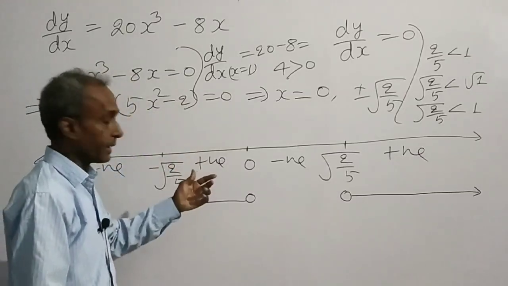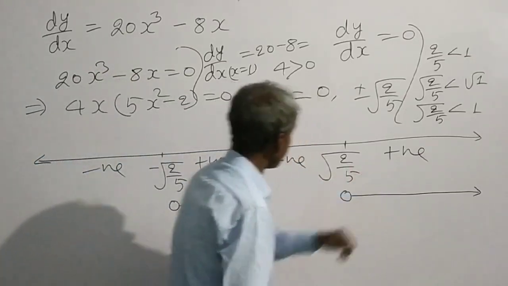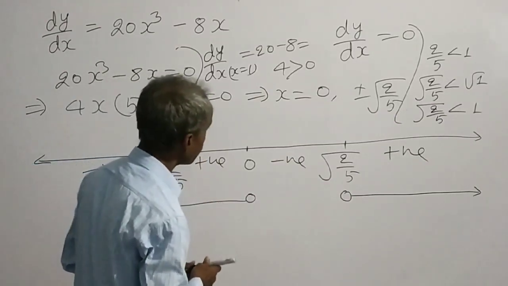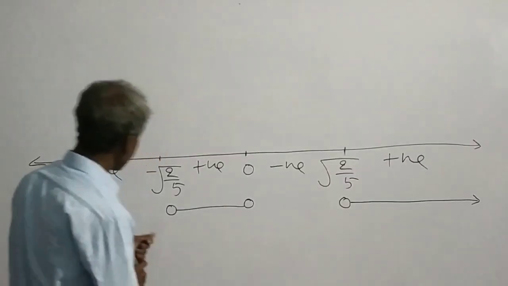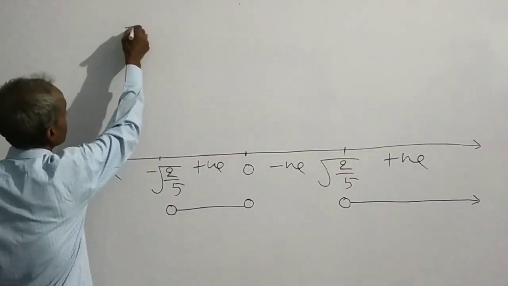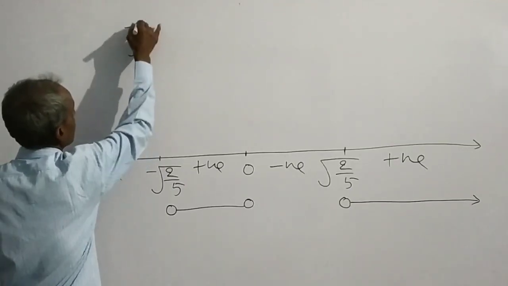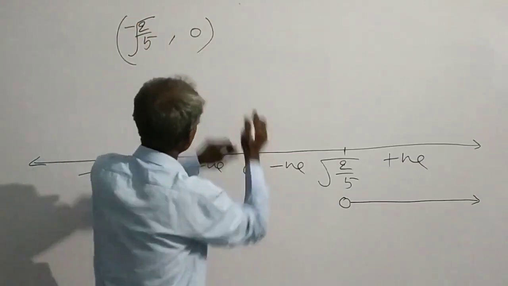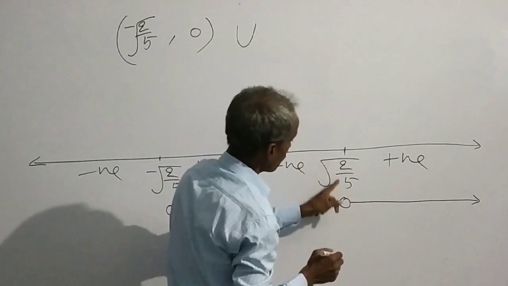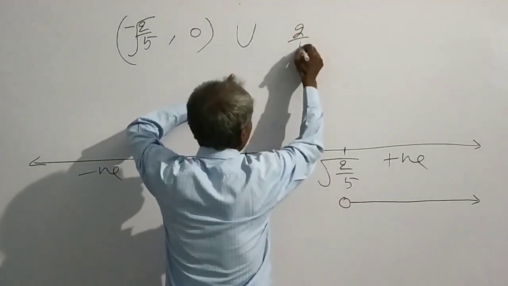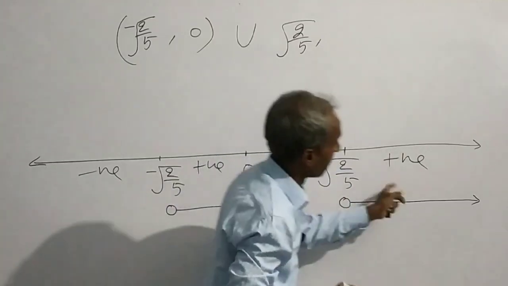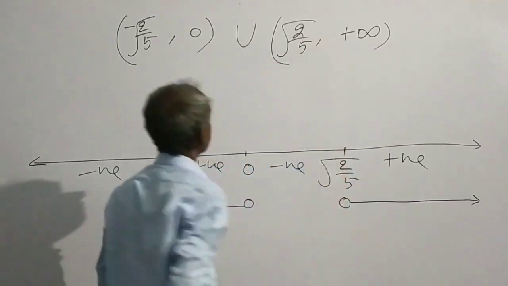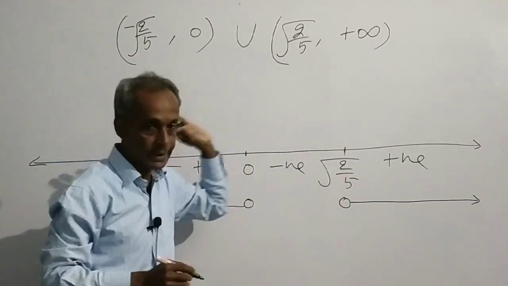Therefore y will increase in this interval and in this interval, that means y is strictly increasing in (minus root of 2 by 5, 0) union (root of 2 by 5, plus infinity). This is the interval in which y is increasing.